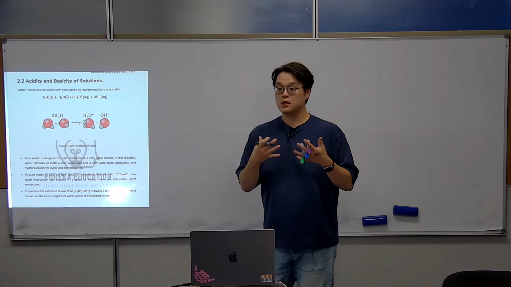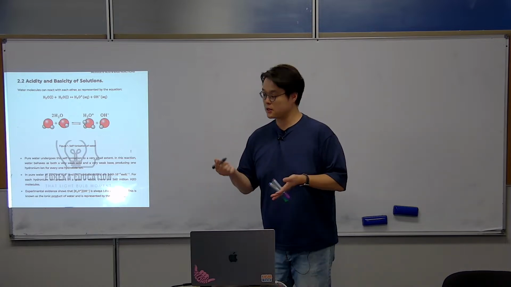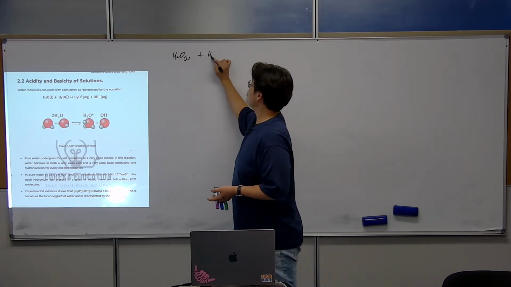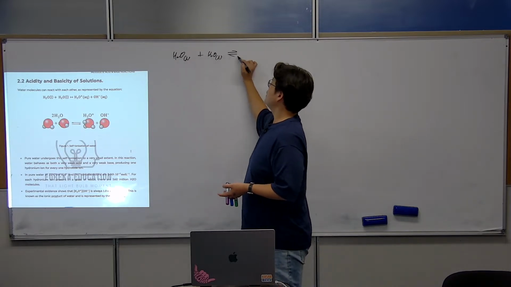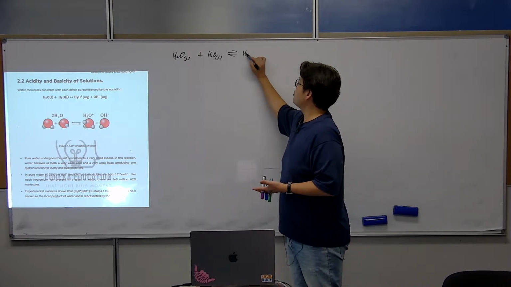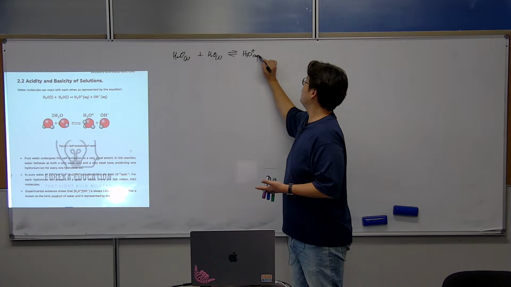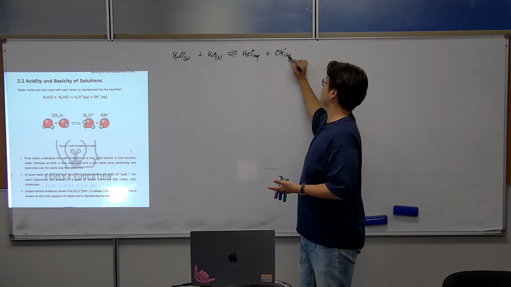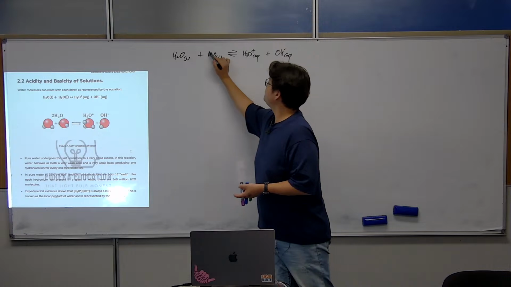Water is the typical amphiprotic substance. When two H2O liquid molecules react with each other, it goes to equilibrium. It comes back to water, but it also forms the hydronium ion, H3O+, and the hydroxide ion, OH-.